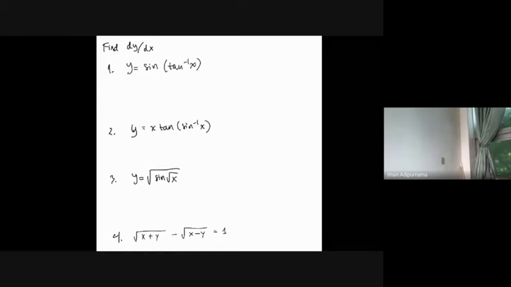You can start from here. Where's tangent? Tangent is this over this, right? So x and 1, and here you have 1 plus x squared, right?